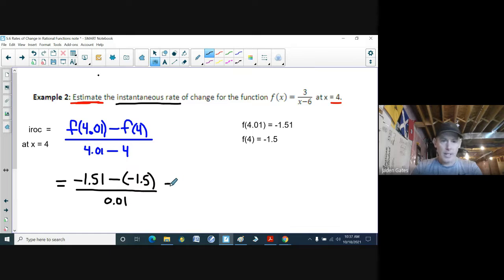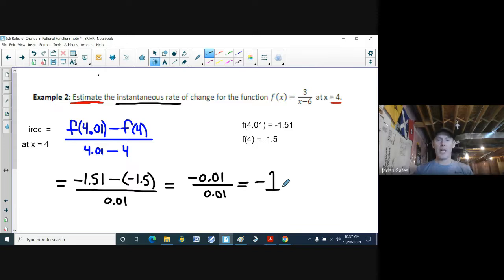Let's do a little math on the top. Again, the double negative is going to give me a positive. And I end up with -0.01 divided by 0.01. And so our instantaneous rate of change is just -1.